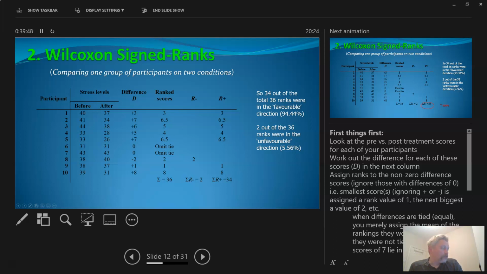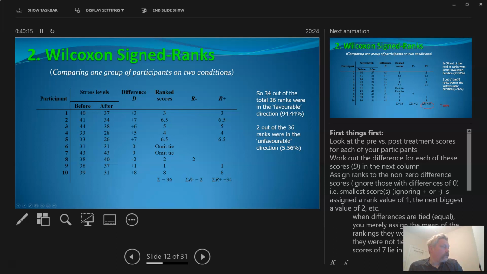So again, we can look at the totals of those if we just add them all up. So again, 34 out of the total 36 ranks here. So these 34, if you divide that by 36, then we're saying about 94% of results seem to go in favour of the intervention, seem to suggest that it had a positive effect in reducing stress levels.